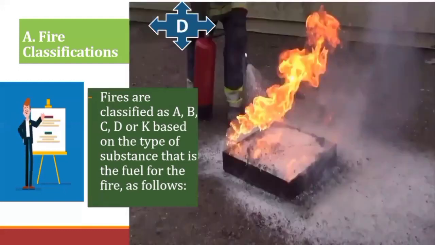Next is the Class D fires. Again, Class A are fires of solids, Class B are liquids, Class C is electrical fires, and Class D is metal. Metals are not often thought of as combustible materials, though some types of metals, like sodium, can be. Metals are also good conductors, helping to spread fire.